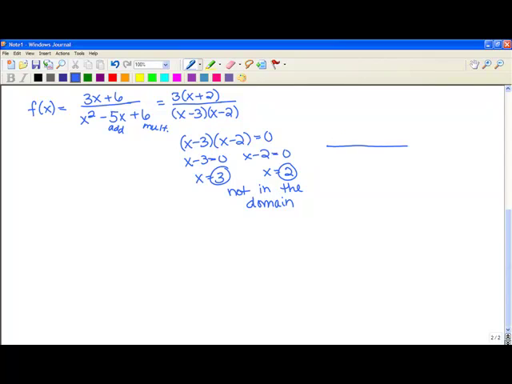Now when we think about the number line, it'll be set up with infinities on both ends. We'll put 3 and 2 on the number line. And those will have open dots because they are not included.